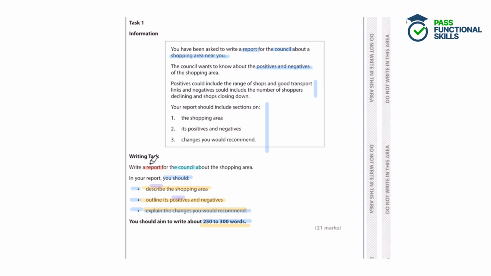We're also writing a report about the shopping centre, including positives and negatives. So we're focusing on positives and negatives. That is the main purpose of the report. And we're also looking at changes to recommend. So there are two purposes: to examine positives and negatives and to recommend changes.